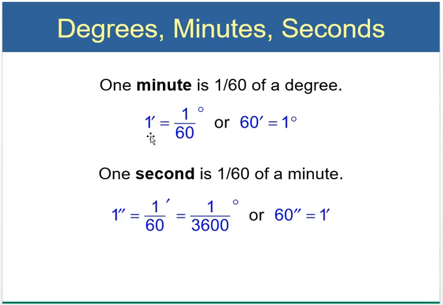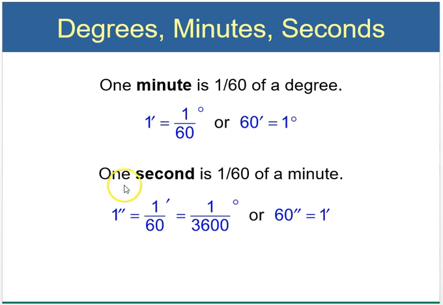When we are converting from minutes to degrees, this is the conversion right here. And then if we're converting from degrees back to minutes, we have this right here. 1/60th of a degree is 1 minute.